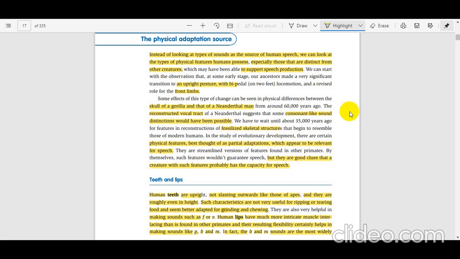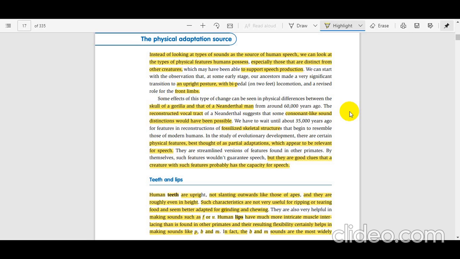In this video, it is supposed to cover the rest of the assumptions and speculations that are related to the origins of speech, starting with the physical adaptation source. With this source, the major focus is not going to be on the types of sounds humans are able to produce.